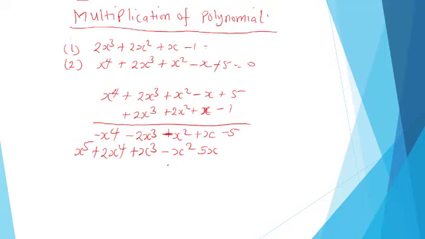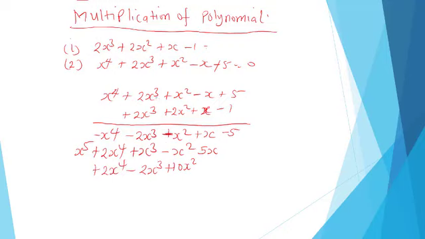You do for the third one. 2x squared times 5 is 10x squared. 2x squared times minus x is minus 2x^3. Remember, here is plus, minus 2x^3. Then 2x squared times x^2 is 2x^4, so you now have plus 2x^4.